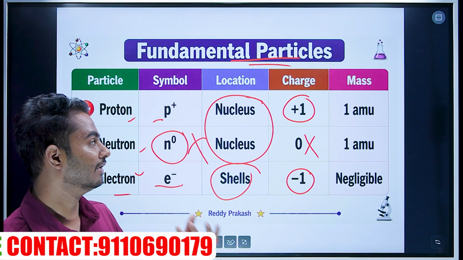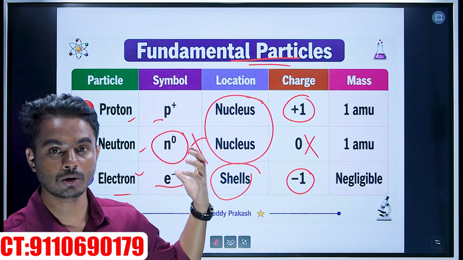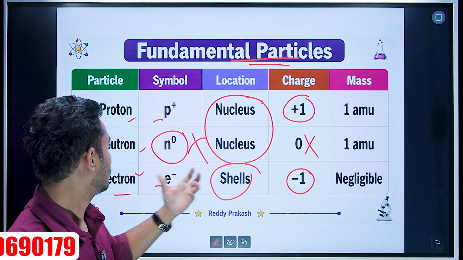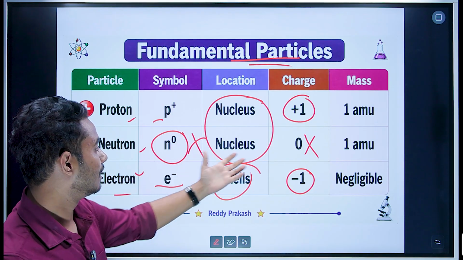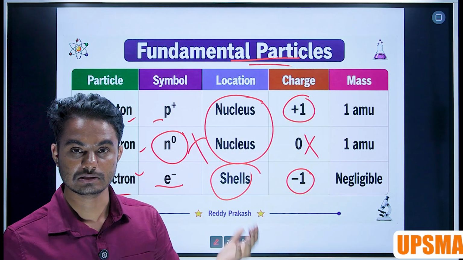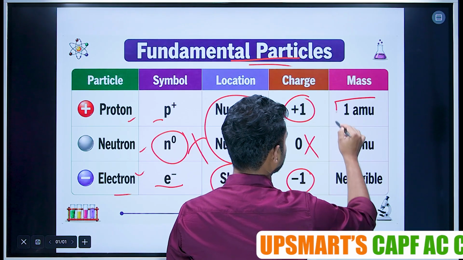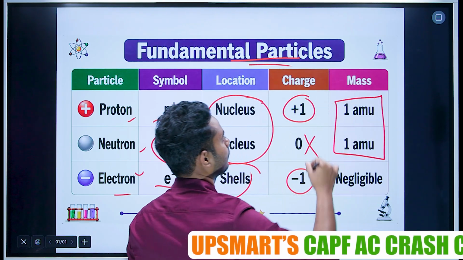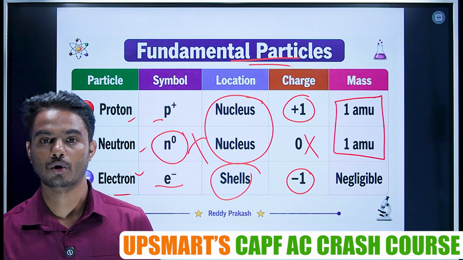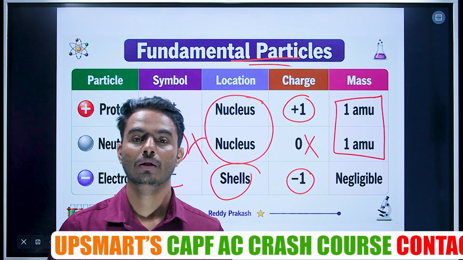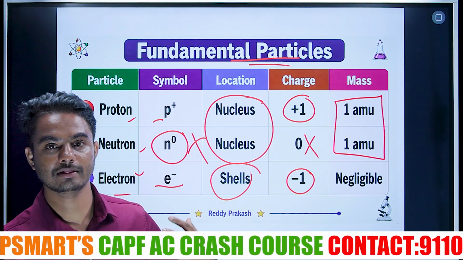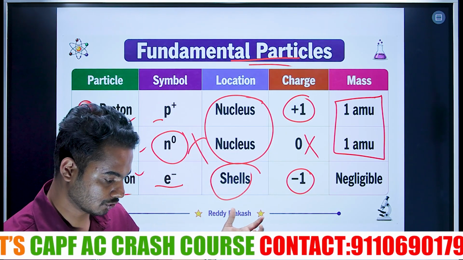Next, what is the mass of the proton, electron and neutron? Proton and neutron will have a similar mass inside a nucleus, that is 1 AMU, 1 atomic mass unit. The value of AMU, just like the value of Avogadro's number, might also be important.